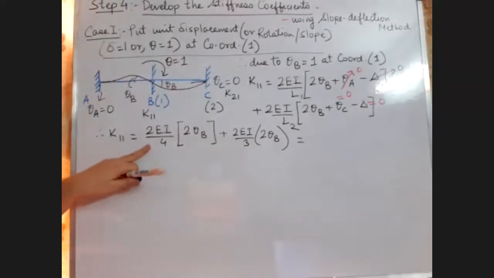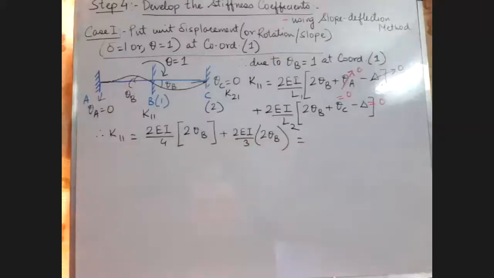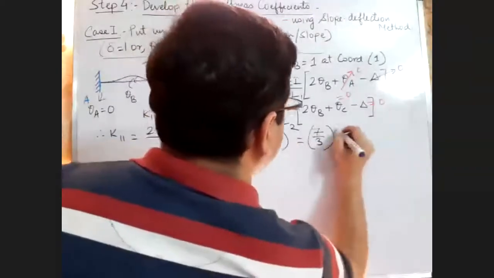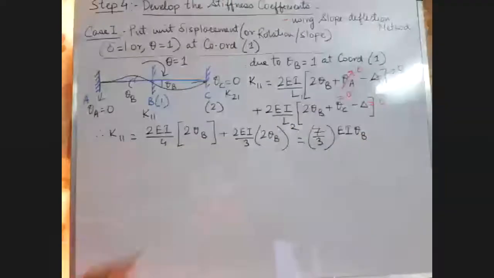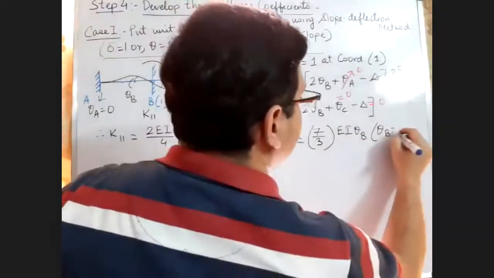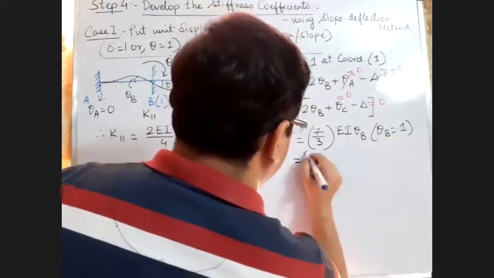It is EI theta B plus 4 by 3 EI theta B. So it is coming 7 by 3 EI theta B. Mind, K11 is coming 7 by 3 EI theta B. Here theta B is 1, unit displacement, so therefore we can write 7 by 3 EI.